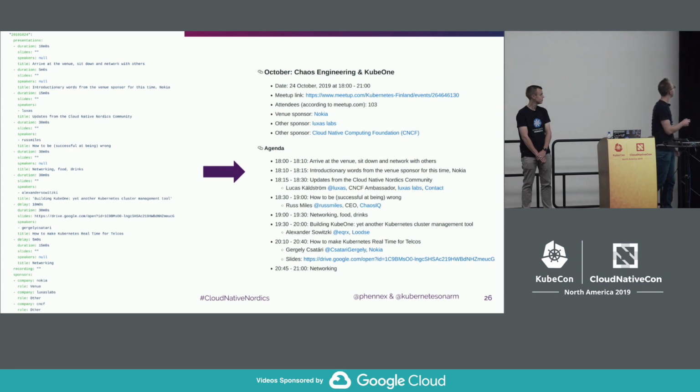We have the agenda, arrival to the venue, then Nokia was sponsoring, so they had some introductory words, then some updates, and Russ Miles was talking about how they're doing chaos engineering, etc. And there we have links to slides, different kinds of speakers, networking, and down there we have who's sponsoring this meetup.